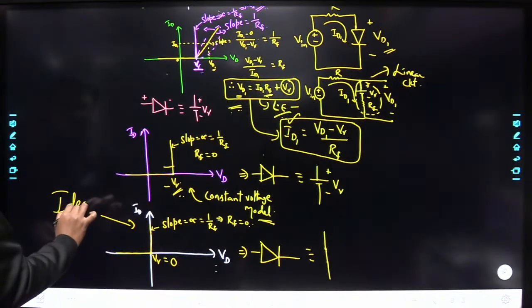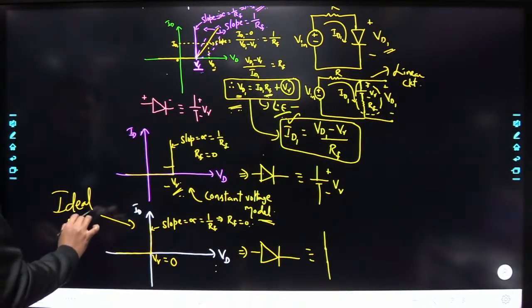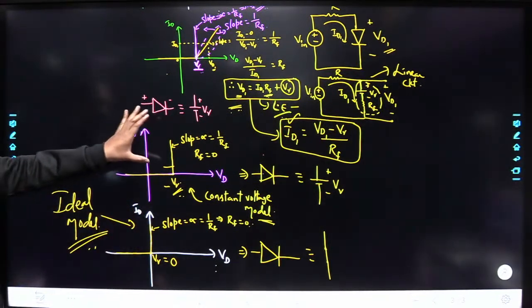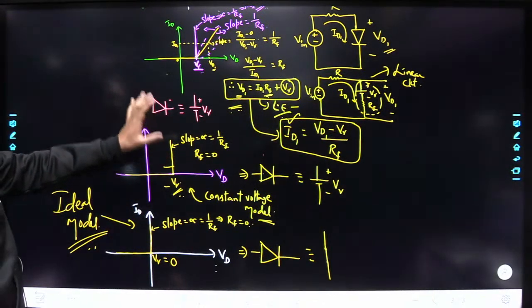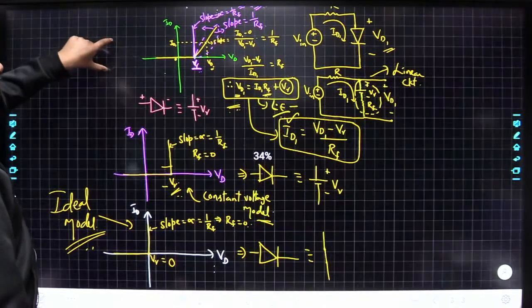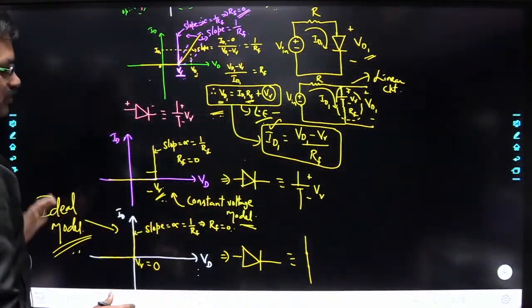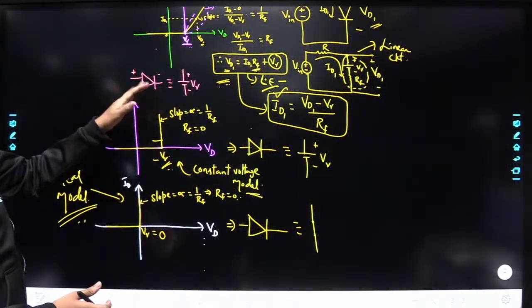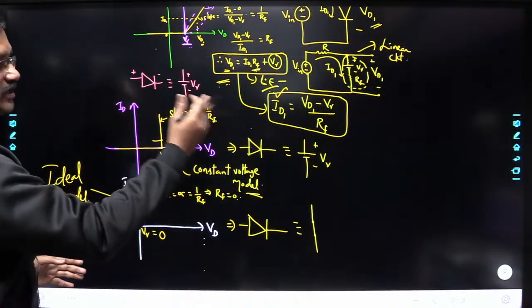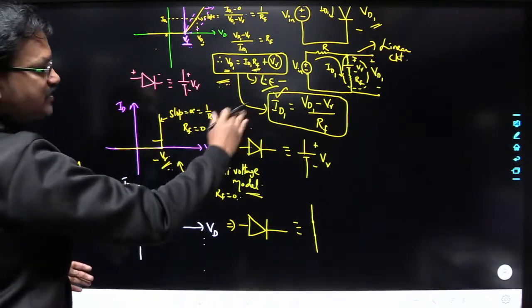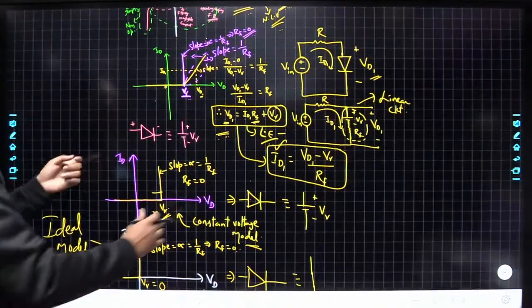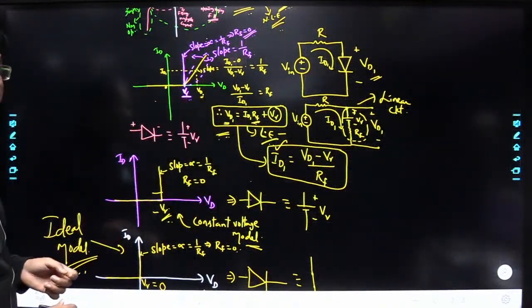All these are piecewise linear models. So we have analyzed how to represent the diode with its equivalent model whenever it is operating in the forward bias region, yes or no?